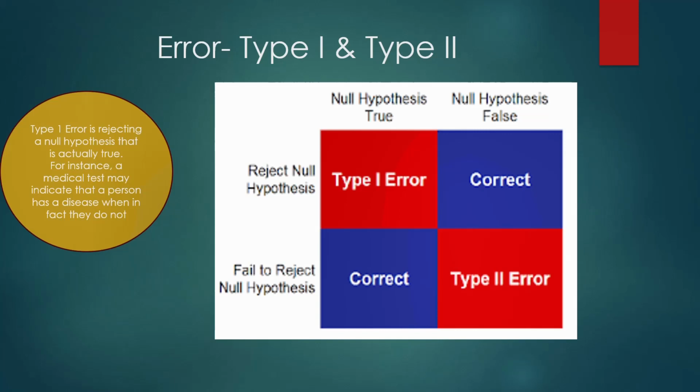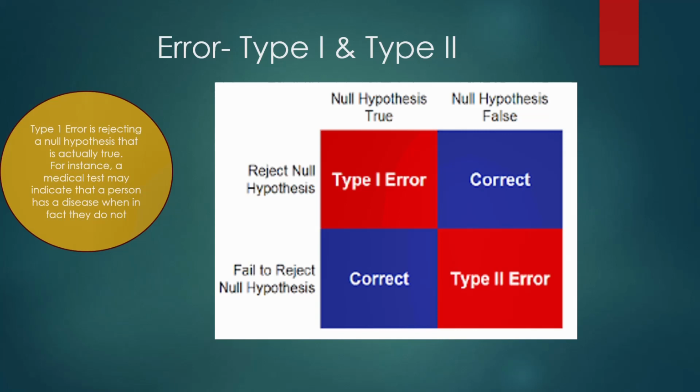Type 1 error is rejecting a null hypothesis that is actually true. That is, reject a null hypothesis when it is true. That is a type 1 error.